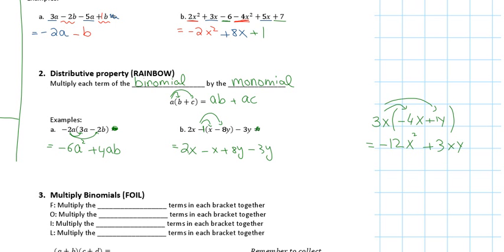Now I can collect like terms. So 2x minus x, and then 8y minus 3y. And I'm done.